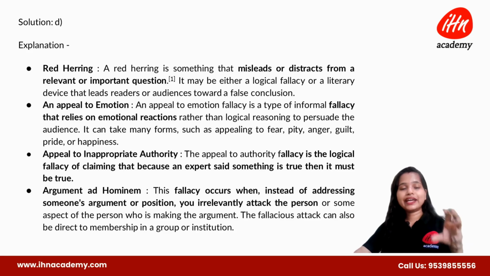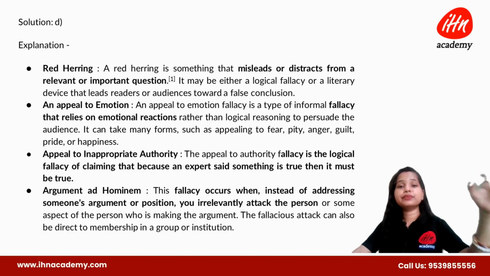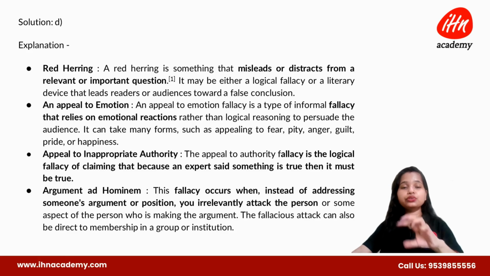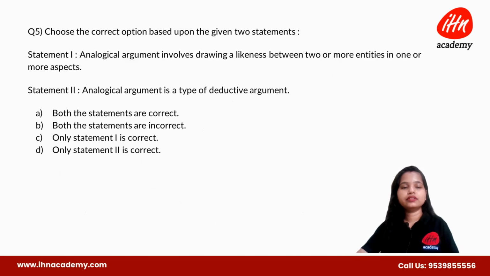So you are not trying to prove or convince the statement. You just attack the person, right? You don't address the argument or position or anything. You just attack the person because of some personal issues or something. Clear? So these are the 4 fallacies I have explained and I hope it's clear. Let's come to the next one.